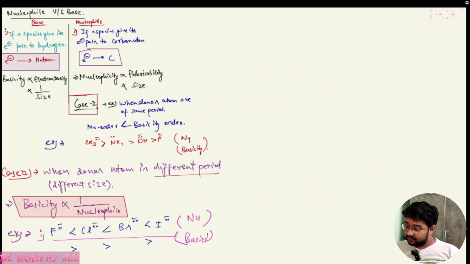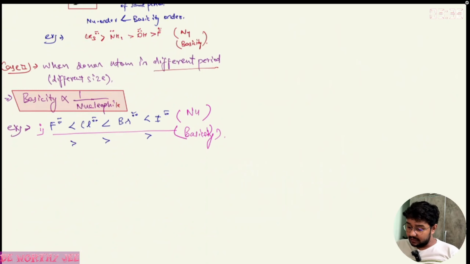Why? Because the higher the size of the anion, the lower the basicity, because of the electron density over the atom. Let me explain it further.